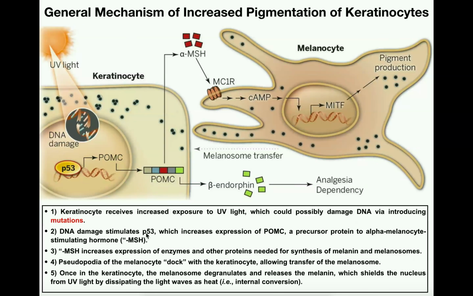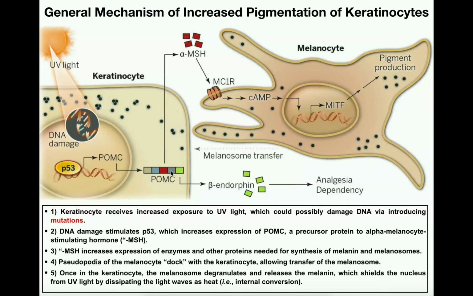But overall, P53 increases the expression of another protein called POMC. POMC is a large protein that serves as a precursor protein to a lot of other different types of hormones. This part in red, which is in the middle, is actually alpha melanocyte stimulating hormone. Okay, so alpha MSH.